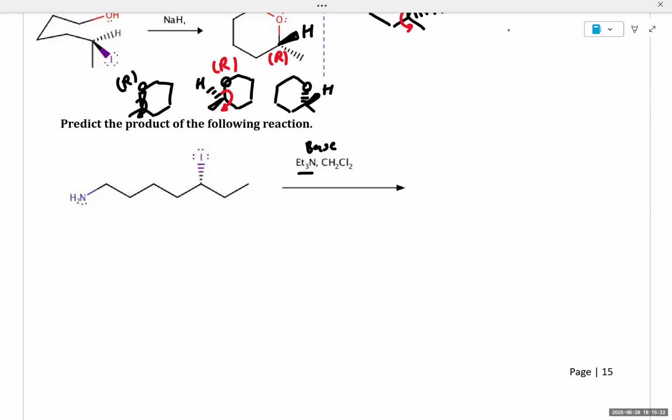So in this case, our nucleophile is going to attack the electrophilic carbon, and we're going to break the carbon-leaving group bond. Numbering 1, 2, 3, 4, 5, 6. This is going to be another 6-membered ring. Because we started with the carbon-leaving group bond dashed, the carbon-nitrogen bond will be wedged.